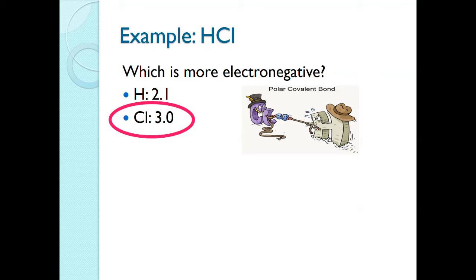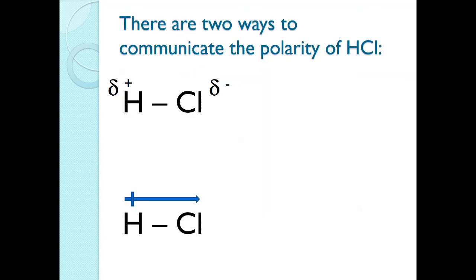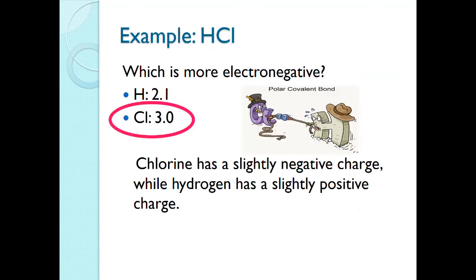So chlorine has a slightly negative charge while hydrogen has a slightly positive charge. Again, it's because those electrons are being pulled closer to chlorine, and farther away from hydrogen, so hydrogen is going to have that slightly positive charge.